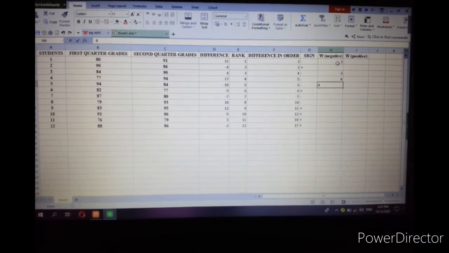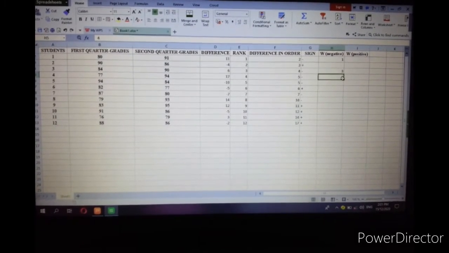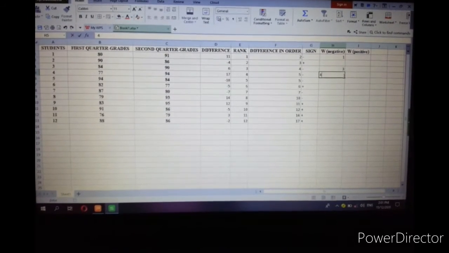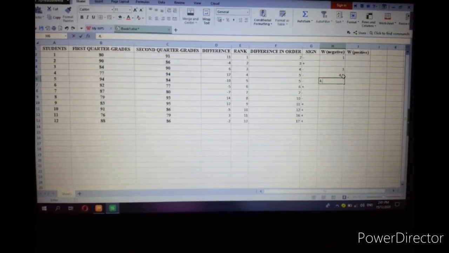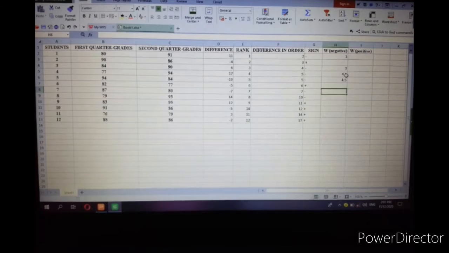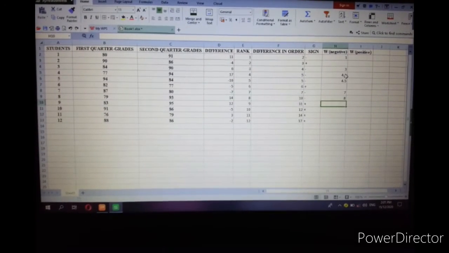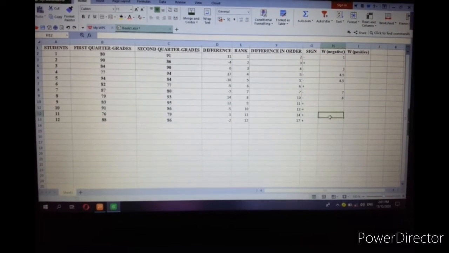The thing is, they are two tied ranks, so it's not 4, instead it is 4.5. Same with this one, they are 4.5. Next is 7. Next is 8. So those ranks are negative.